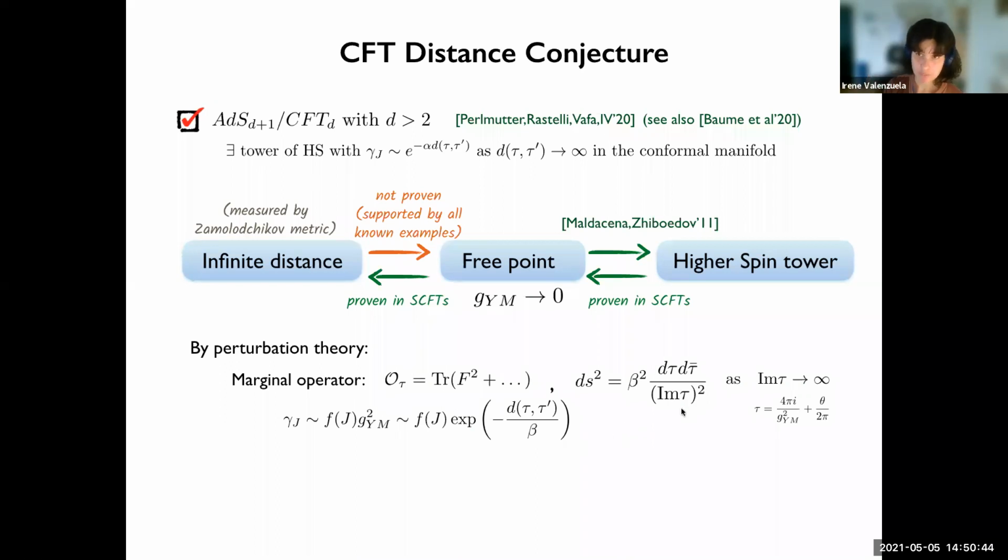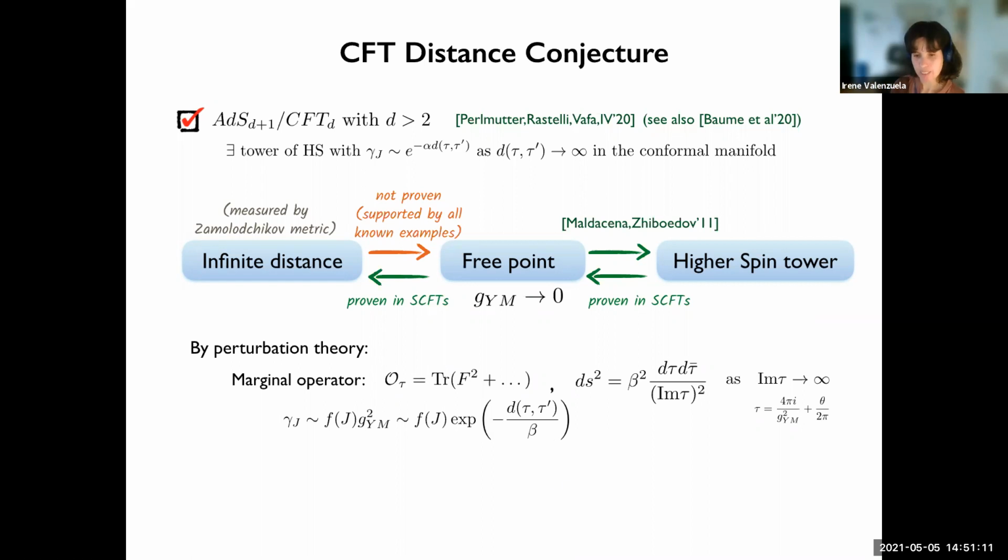So it's going to be at infinite distance, and then the anomalous dimension of the higher spin operator, which tells you how much we deviate from the unitarity bound, is going to decay exponentially in terms of the distance. So this is the equivalent statement of the distance conjecture, that now we get an infinite tower of operators such that the anomalous dimension of these operators decays exponentially in the distance measured by the Samologikov metric.